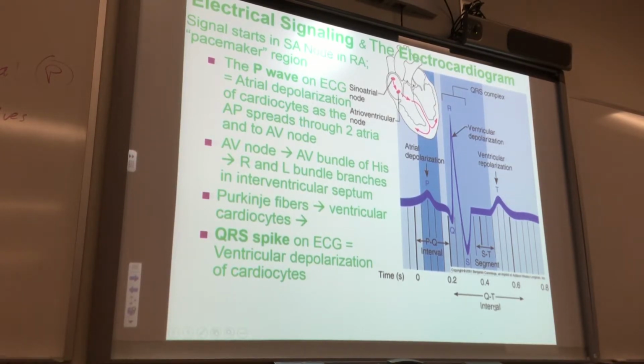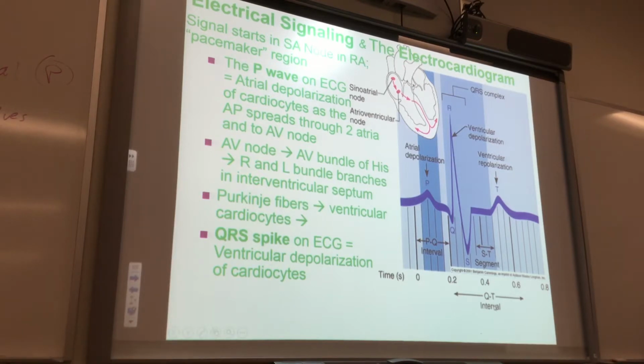Why can they all depolarize at the same time? Gap junctions, yeah. That information from the Purkinje fibers gets to a few ventricular cardiocytes, and then those cardiocytes tell all the ventricular cardiocytes, and you do it through gap junctions.